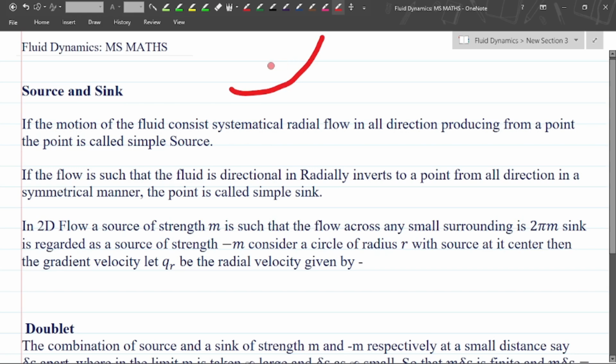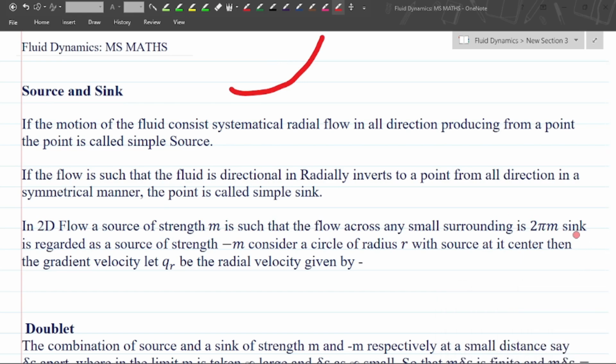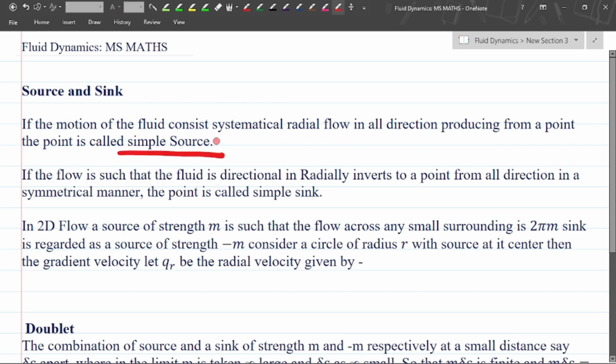If the flow is symmetrically radial in all directions, producing from a point, then it is called the simple source.